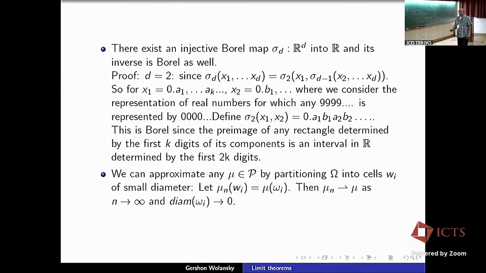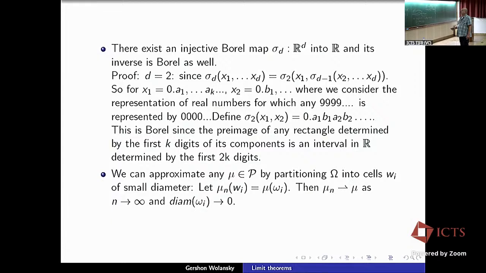The next statement is that we can approximate any probability measure by partitioning the set omega into cells, small cells W_i of small diameter.